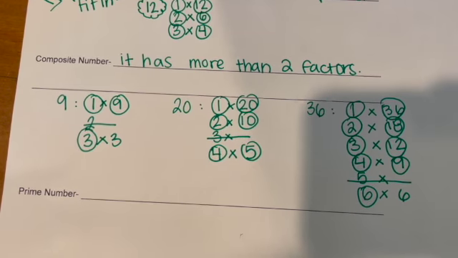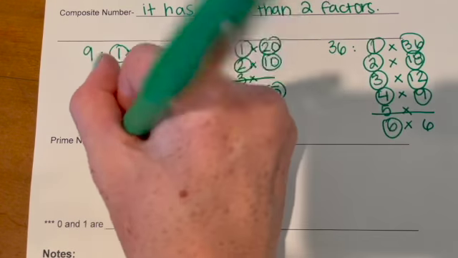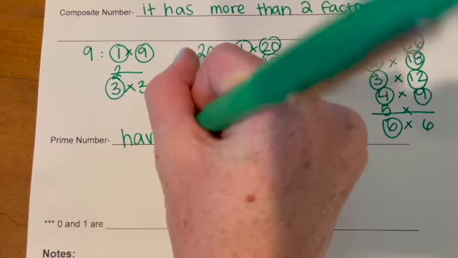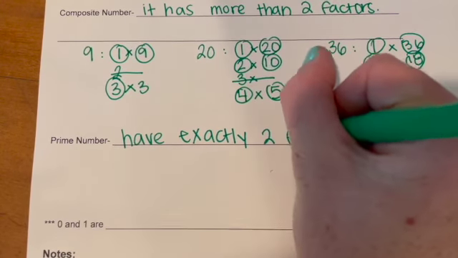Okay, we're going to move on to prime numbers. Prime numbers have exactly 2 factors.